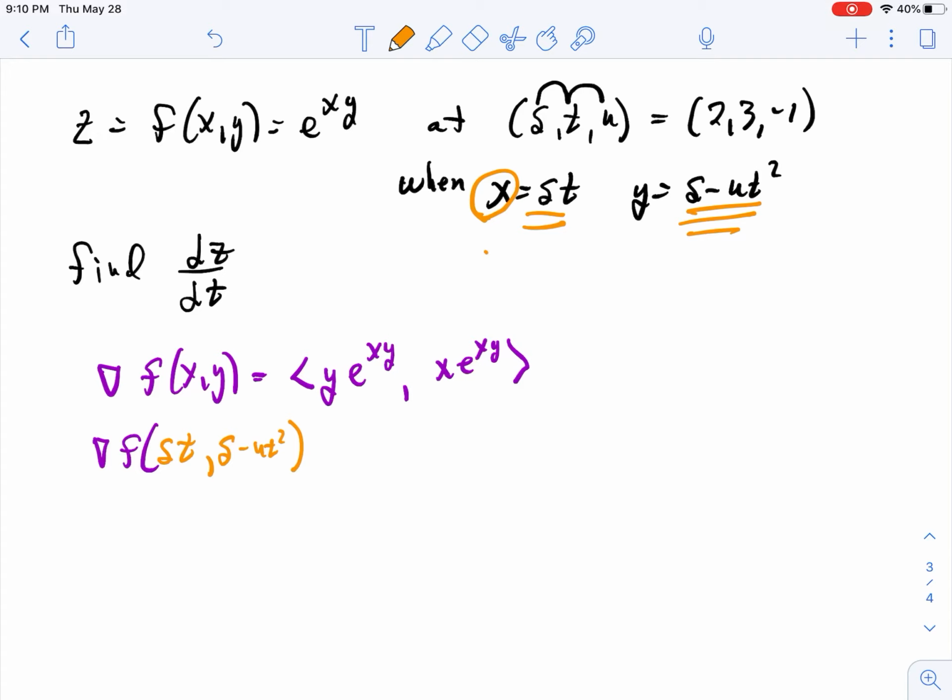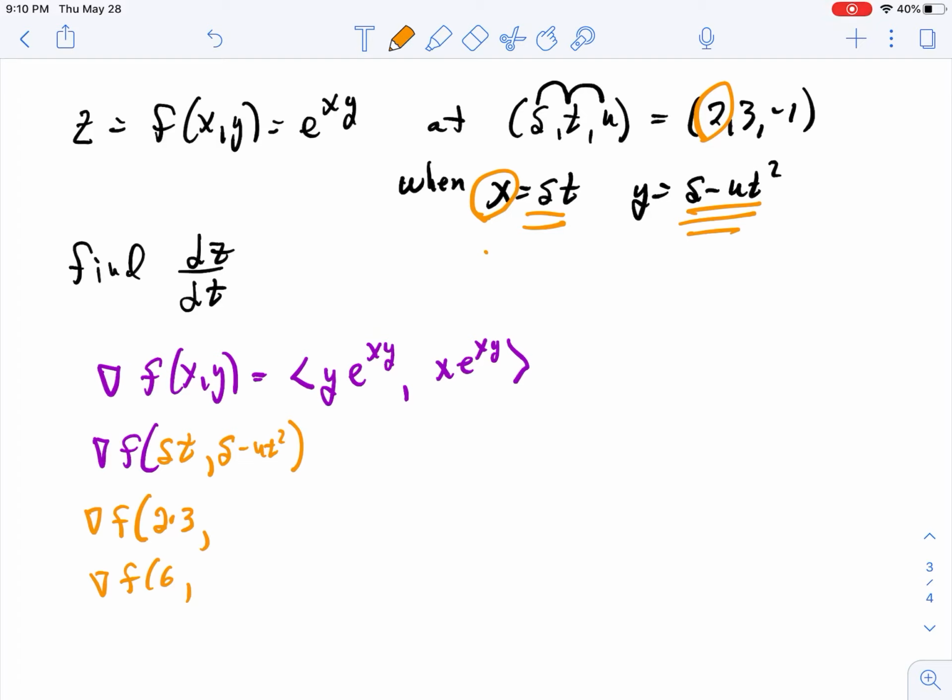And I guess I could probably make this a little bit simpler too. I should come back here and plug in my numbers. So let's plug in 2 for s. That's 2 times my t value, which is 3.